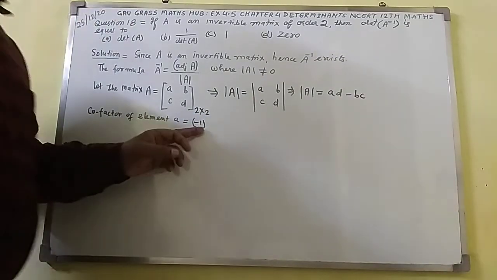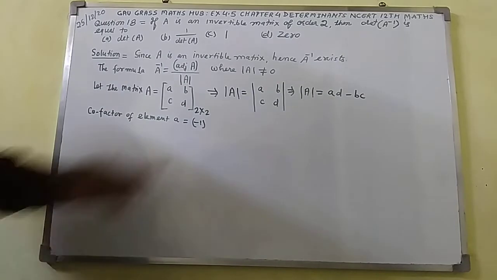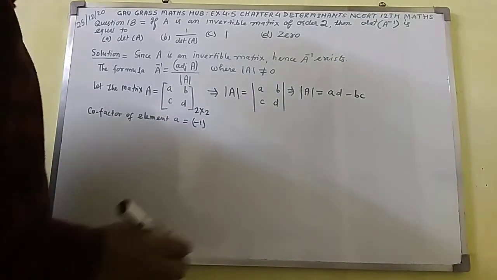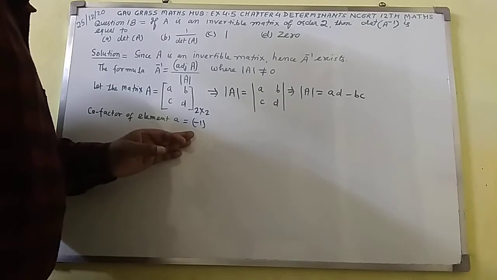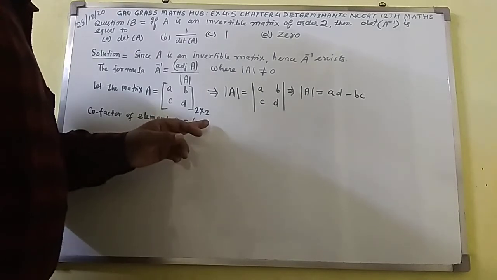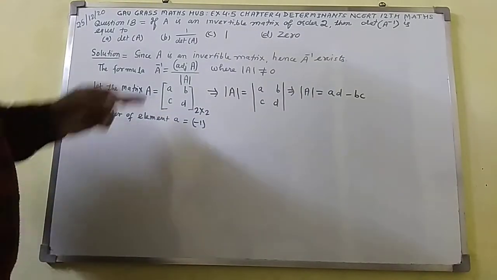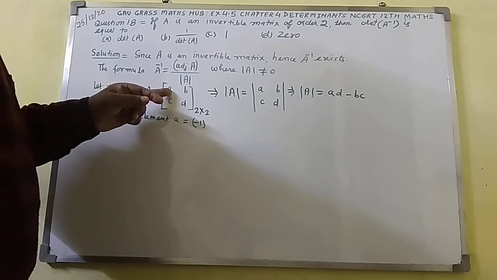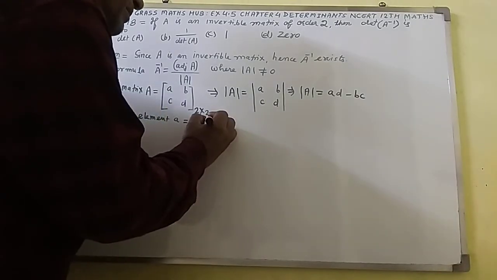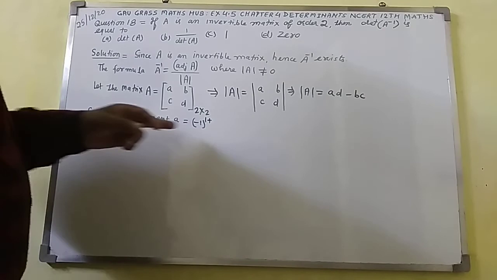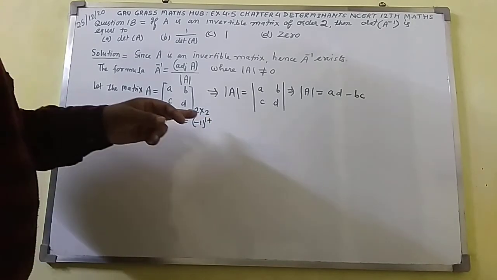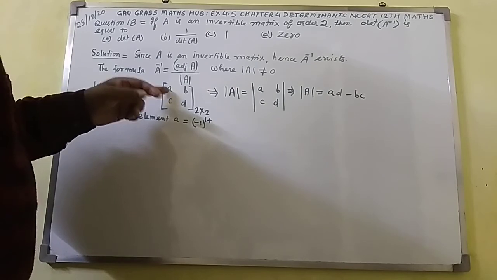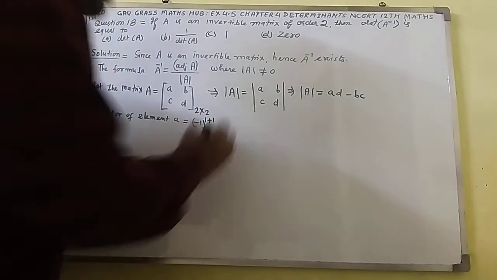Here -1 is constant, fixed, raised to the power i plus j. The formula is -1 raised to the power i plus j. i represents row position. Since A is in the first row, I shall write 1 plus j, where j represents column position. A is in the first column, so I shall write 1.